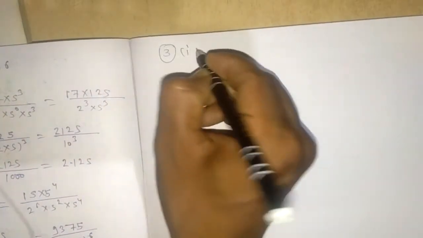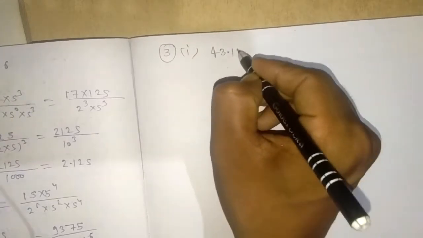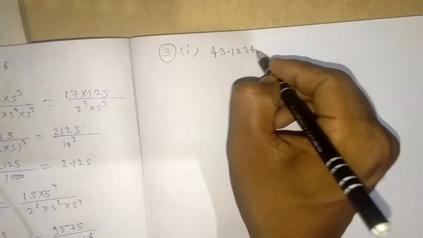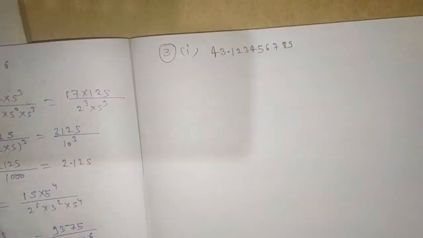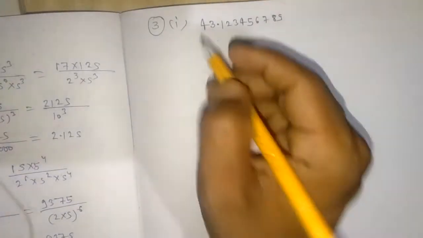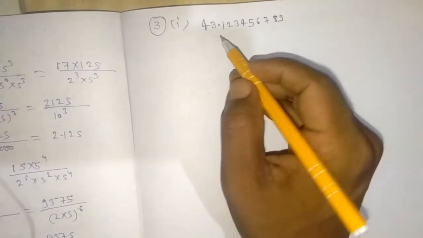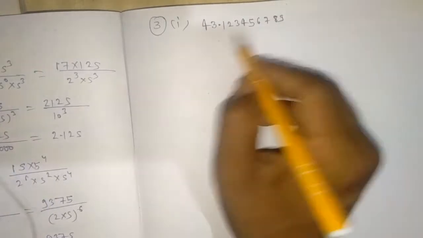3 (i). 43.123456789. Okay, so we can observe that 43.123456789 is a terminating decimal expansion.